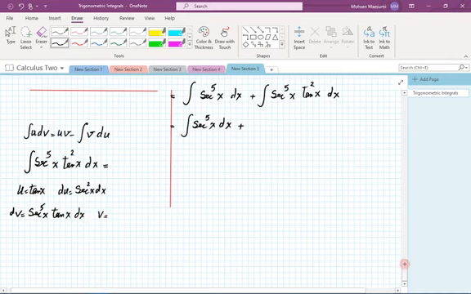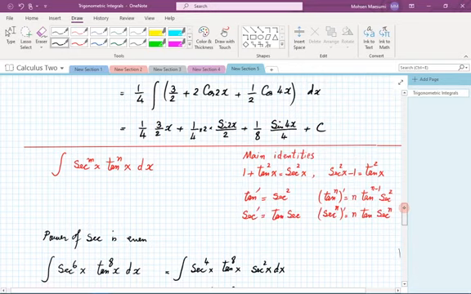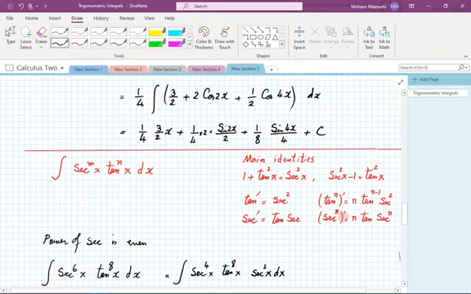What comes to the rescue is a formula I noted here. If you have secant to a power, you differentiate it, a tangent is born and secant stays to the same power it was. Secant to the power n, you differentiate, is n tangent secant to the power of n again. So over there I have tangent times secant to the power of 5. The antiderivative of it will be secant to the power of 5, except that it's missing this. I have to put this back.